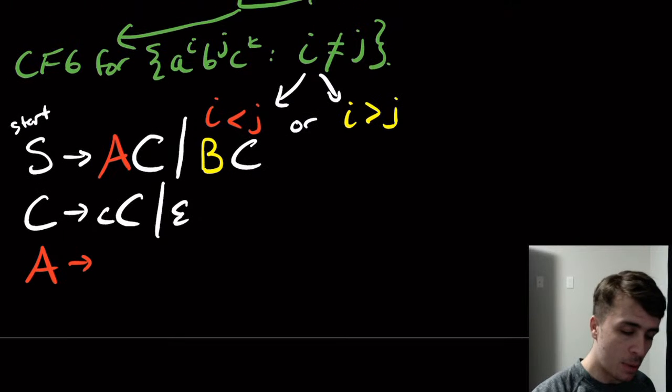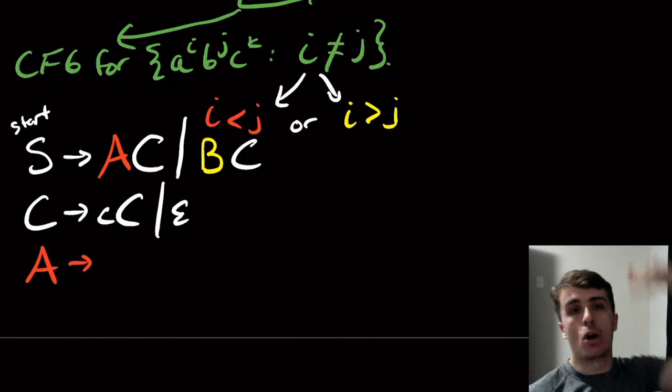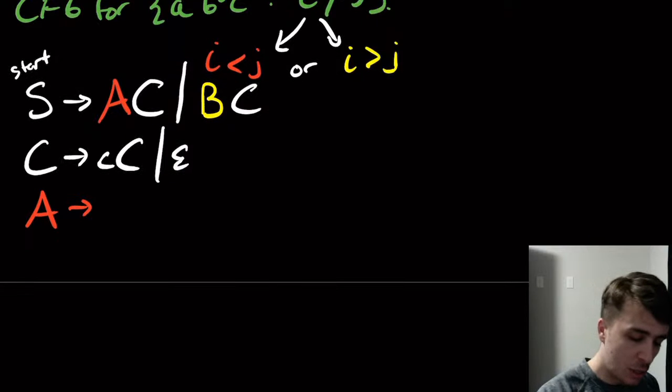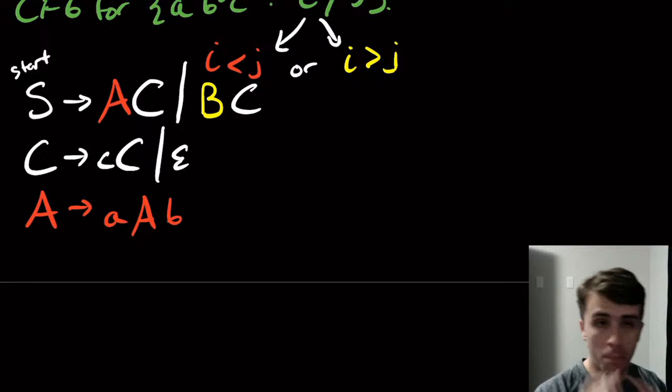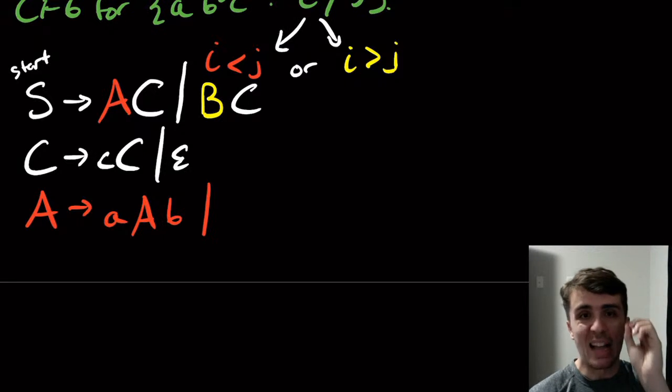So what is the A variable going to do? If there are more B's than A's, it's going to make A's and B's in tandem, but at least one more B after it. So it's going to be capital A, little b, so make them in tandem. But it's also going to make at least one more B, potentially more.